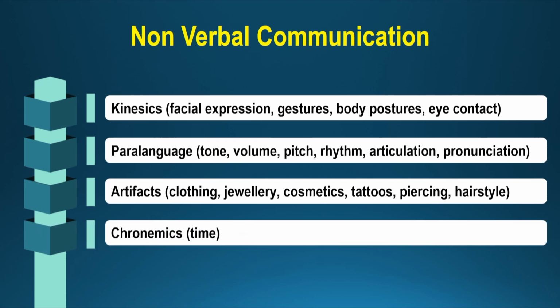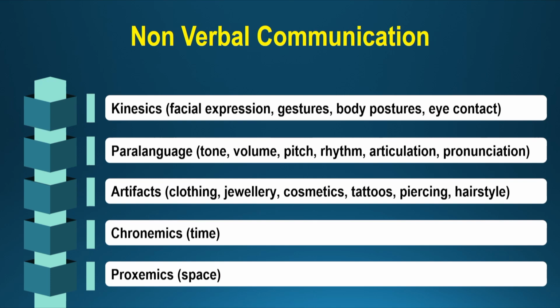Chronemics refers to the time dimension, at what time of the day you are trying to communicate to your students. Then proxemics refers to the spatial dimension, how much distance you maintain from your students.